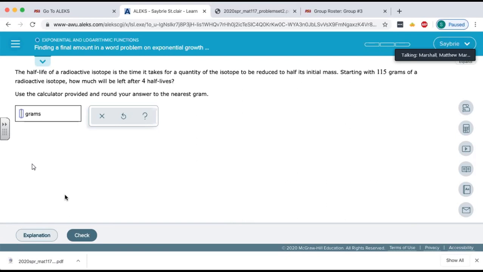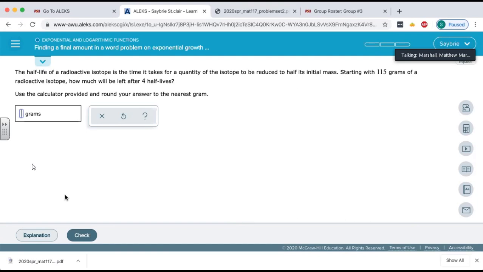So you're going to take 115 times that 0.0625 raised to the 4th. Wait. Oh, wait, let's see. I think all you got to do is take 115 and times it by 1/16 or divide it by 16.